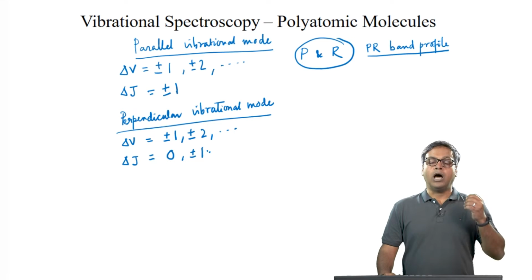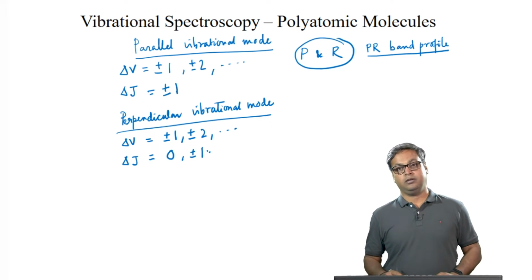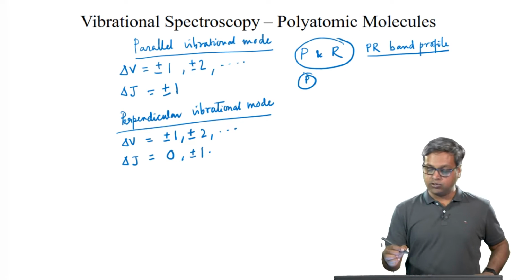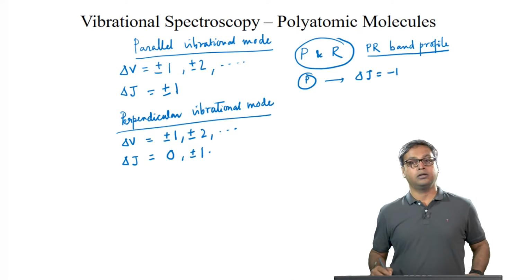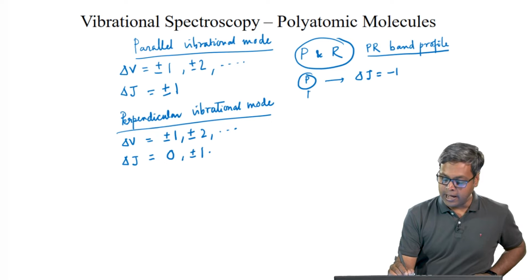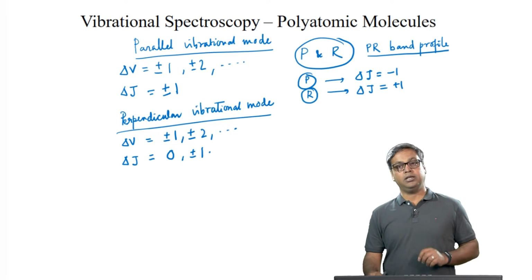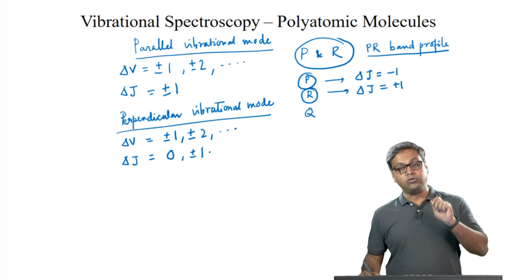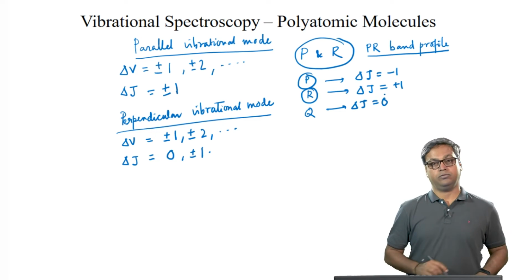So, we now can get another band appearing in the rovibrational profile. So, we will have a P branch associated with delta J equals minus 1. We will also have an R branch associated with delta J equals plus 1, but additionally we will also have a Q branch which is associated with delta J equals 0.